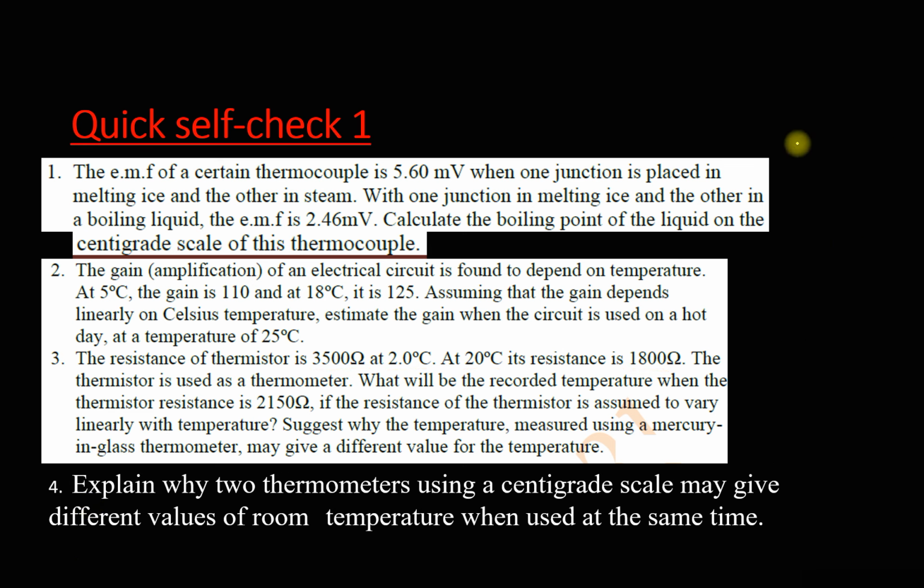I'll begin with the calibration curve because they have assumed it is linear, yet it is always not linear, so it is going to be a graph like this. So this is our resistance against temperature. They have told us at 2 degrees Celsius the resistance is 3500.